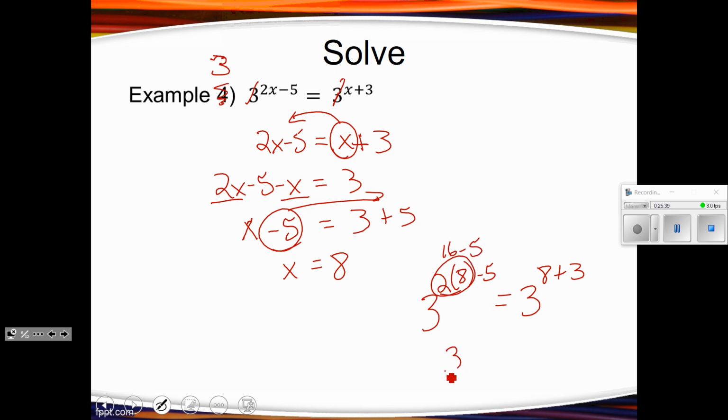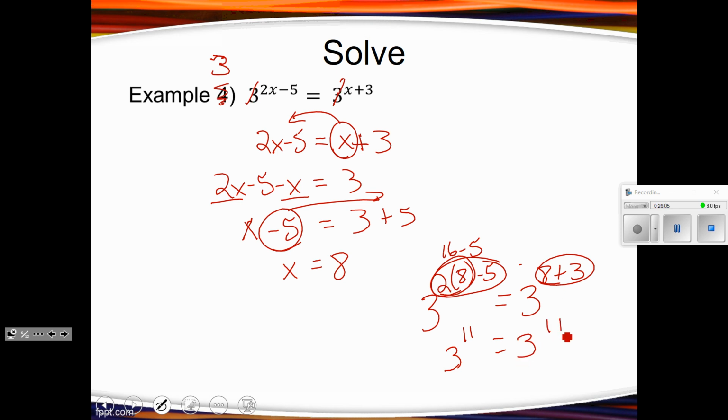So this would be 3 to the what power? 16 minus 5 is 11, right? And what's 8 plus 3? So will they be equal?